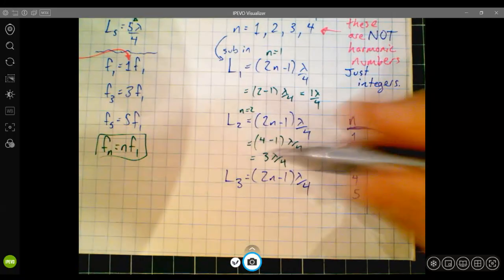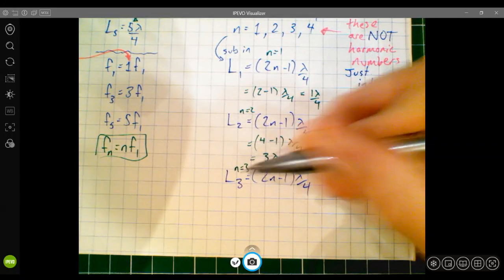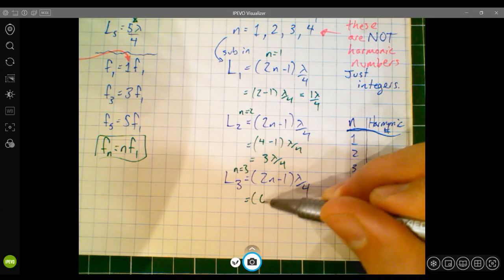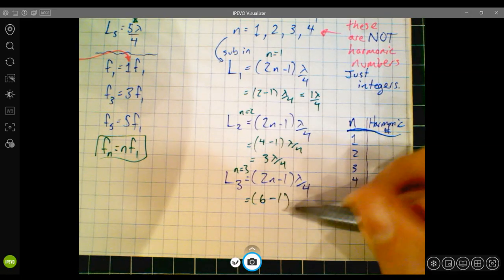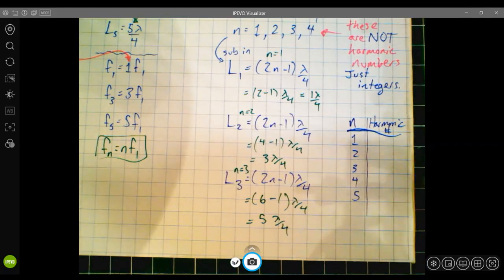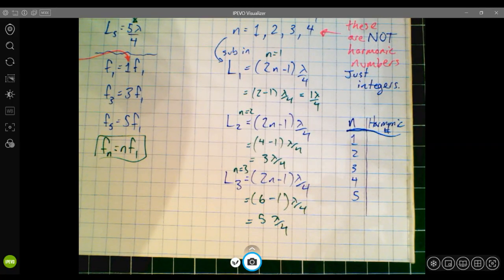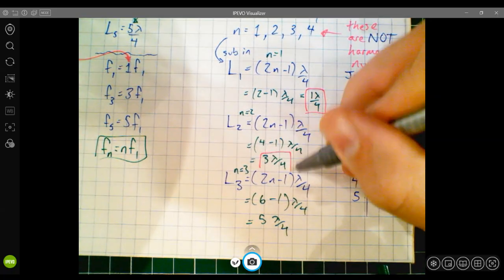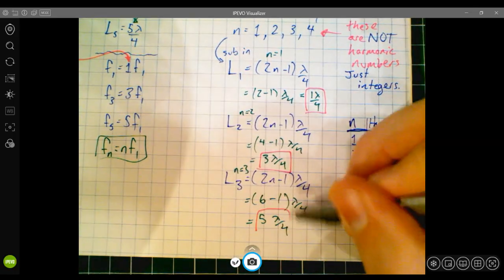And if I use n is equal to 3, then 2 times 3 is 6. 6 minus 1 lambda over 4 becomes 5 lambda over 4. And what you notice here, put a circle around it, we end up having 1 lambda over 4, 3 lambda over 4, 5 lambda over 4.